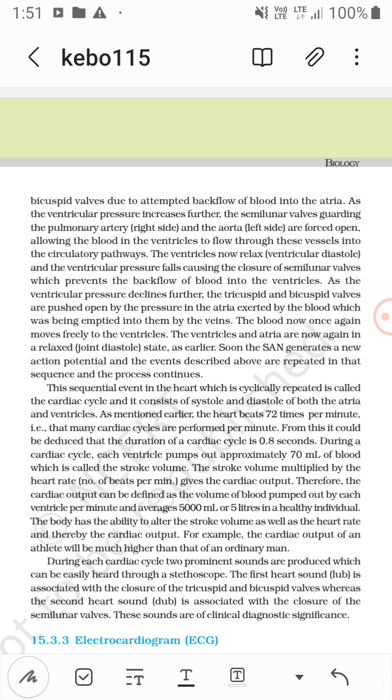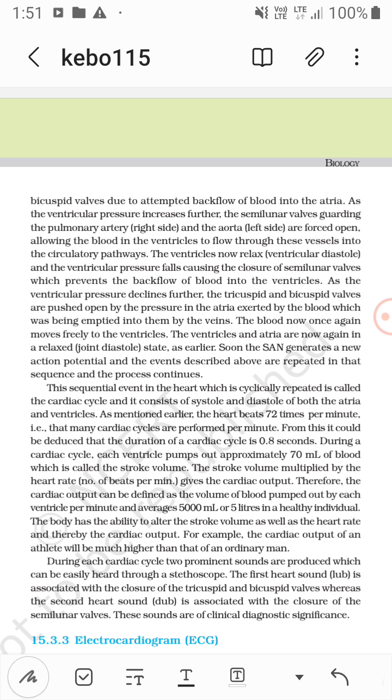Now, as mentioned, our heartbeat is about 72 to 75 times per minute, and that many cardiac cycles are performed per minute. Each cardiac cycle takes 0.8 seconds.